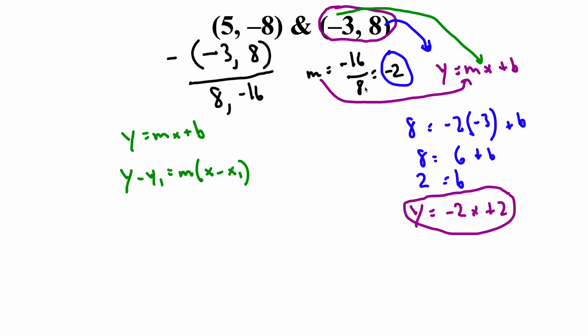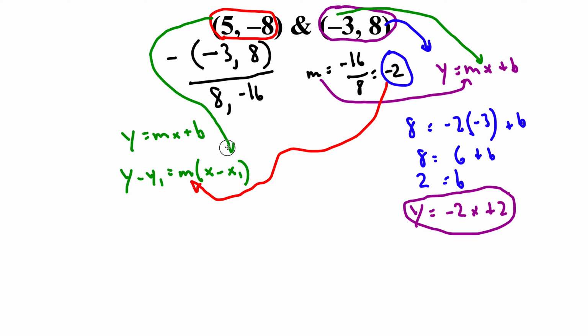You still need to calculate the slope, so we're still going to use the slope right there. But then we're going to pick a point. It doesn't matter which point. Just for originality's sake, I'm going to pick this point right here. I'm going to put the x value in for the x and the y value in for the y.